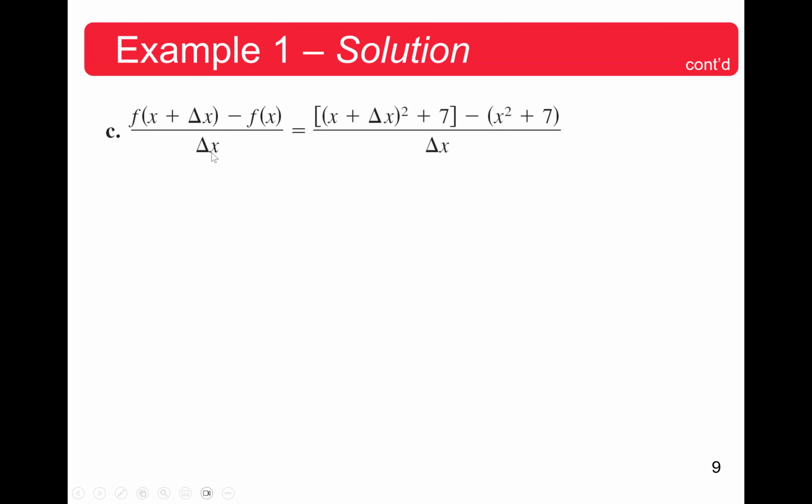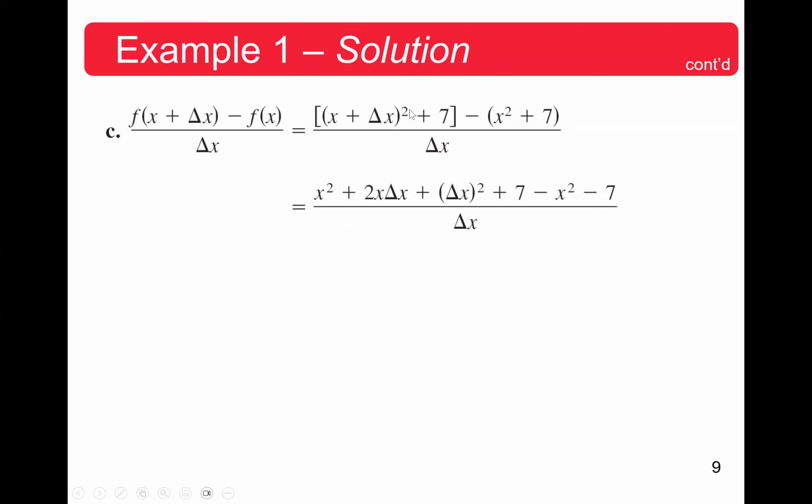Now, dx is not a function. You can see here we have f at x plus dx, so it's a function. That's why we substitute the function x squared plus 7. Same thing for f at x. But this dx is just a value or a variable. It's not a function.